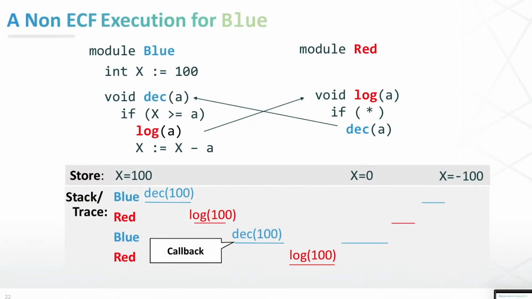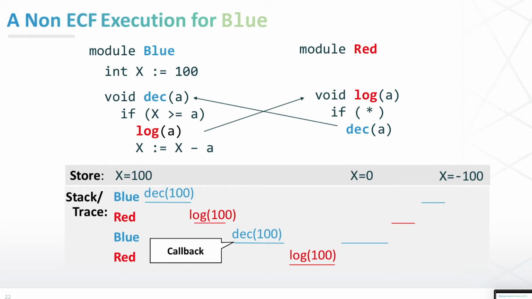So the blue module executes the DEC 100. This calls the red module, which executes the log 100. Now the red module calls back the blue, so it executes this DEC 100 again. And now the red module here called the log, and it now returns. And now when it returns, you see it executes this instruction here, X gets X minus A. So X becomes 0.